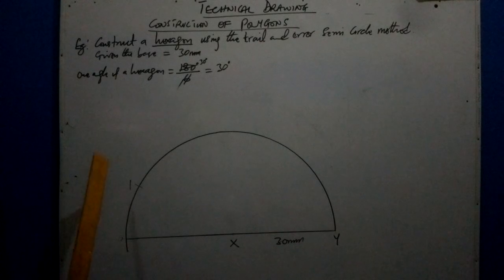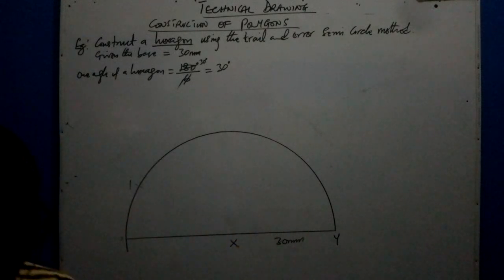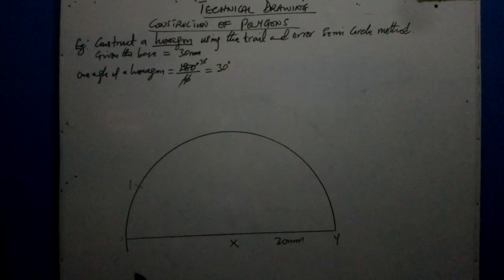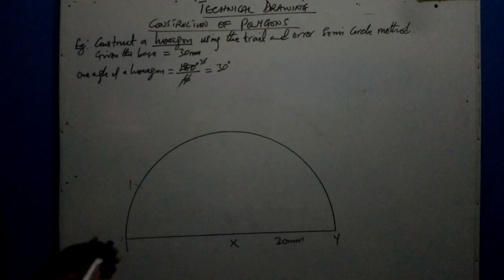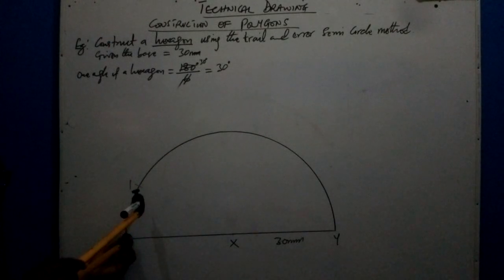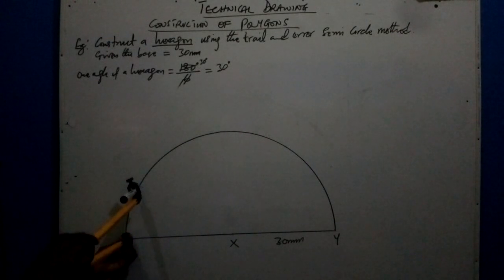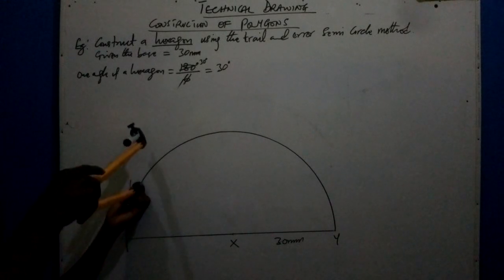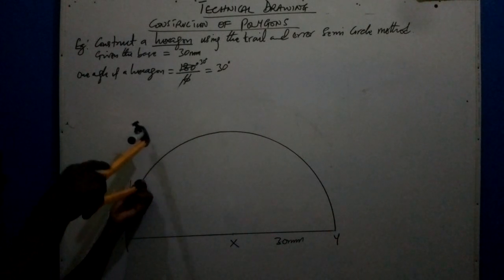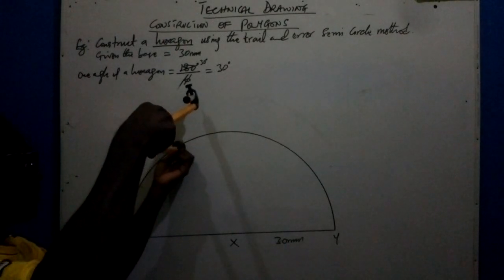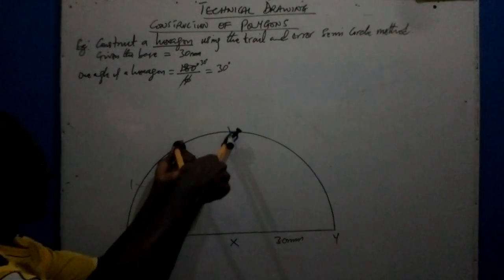From there, I can use my compass to measure the one that I just took to obtain the rest. And how do I go about it? I will place it from 0, then measure the 30 degrees, which is one side, which I obtain 1. Then I can use it to get my 2. From 2, I get my 3.